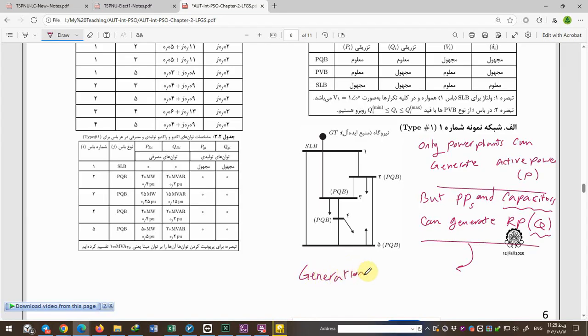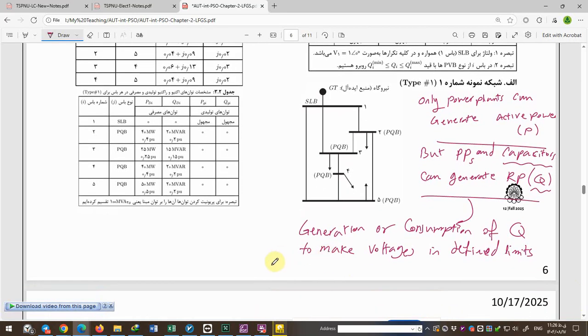Generation or consumption of Q to make voltages in defined limits is called reactive power compensation.